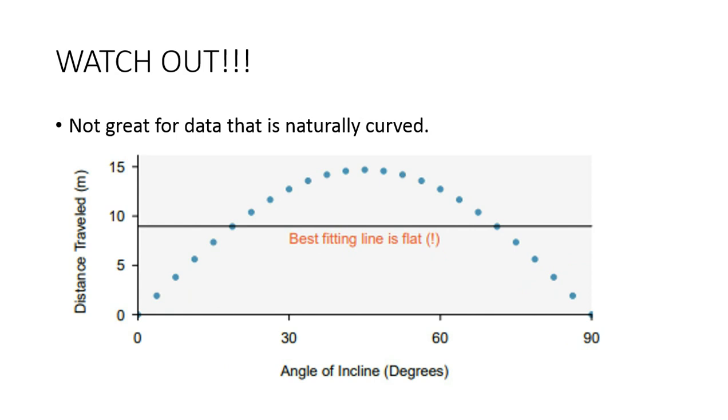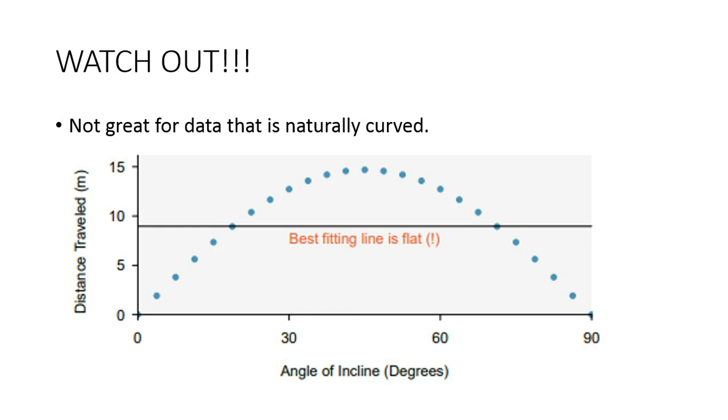Okay, so one thing you've got to watch out for is that not all data will fit a line. If something is naturally curved, like this information, which is basically the angle at which you are shooting something, like throwing something or launching something, and how far it goes based on the angle. The angle's along the x-axis, and then the distance is along the y. So you see it peaks at 45 degrees. At 45 degrees, you would have the farthest distance thrown.